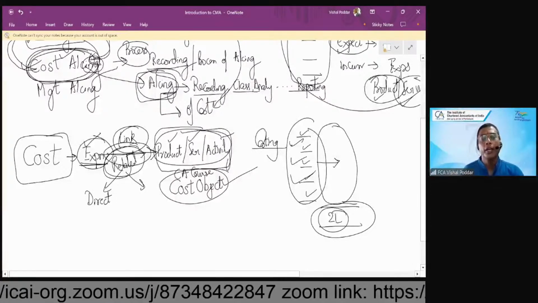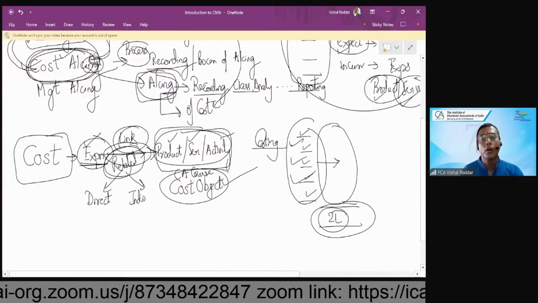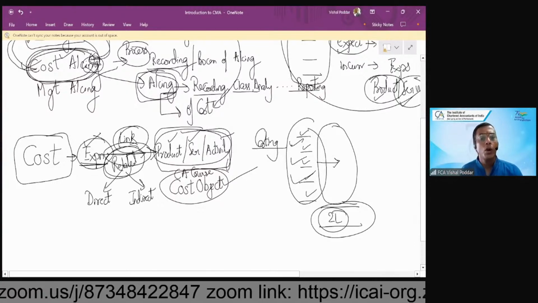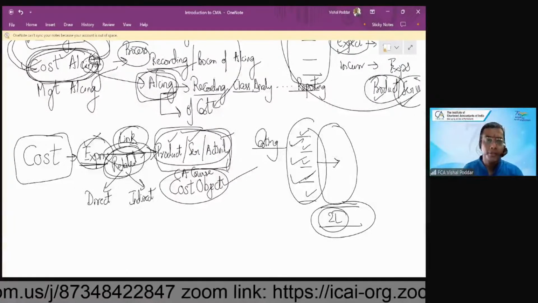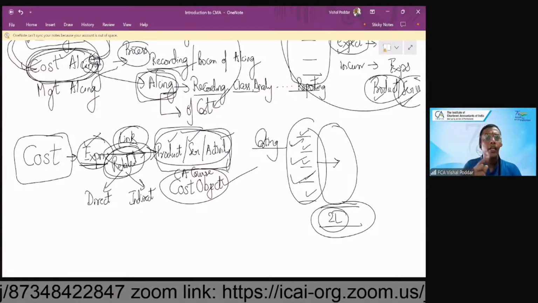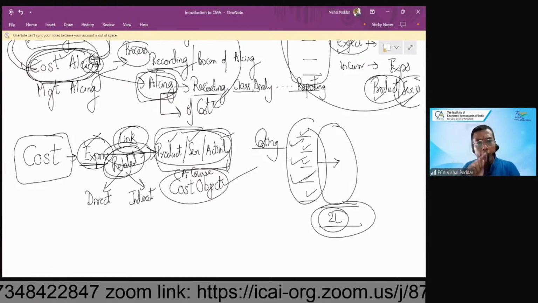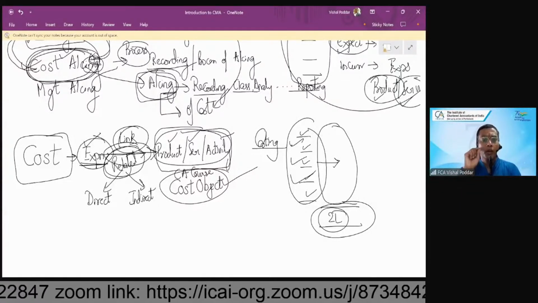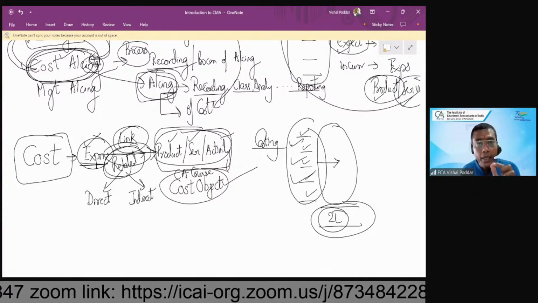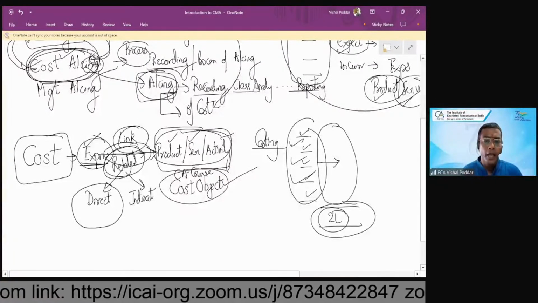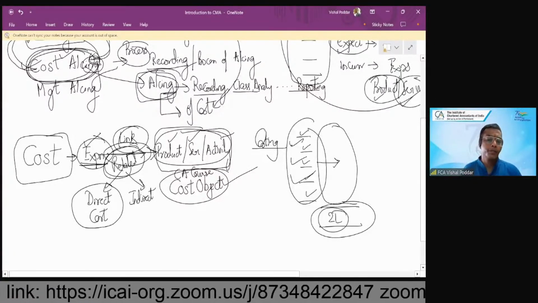One is direct, one is indirect. Now, what is a direct relation? What is an indirect relation? The answer is where I can easily link, I can easily identify how much cost I will be incurring for this particular product or service, that is for the cost object. I can easily identify. It is a direct relation, and that cost is your direct cost.